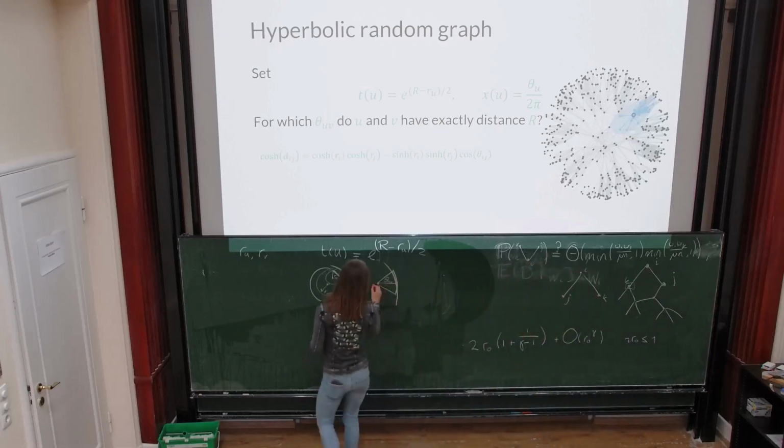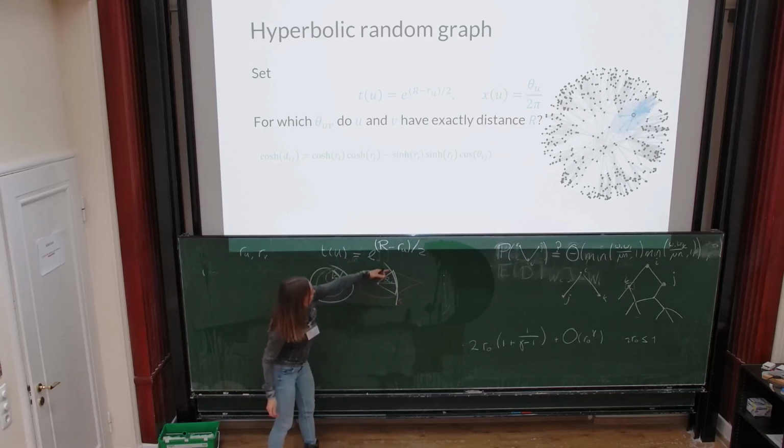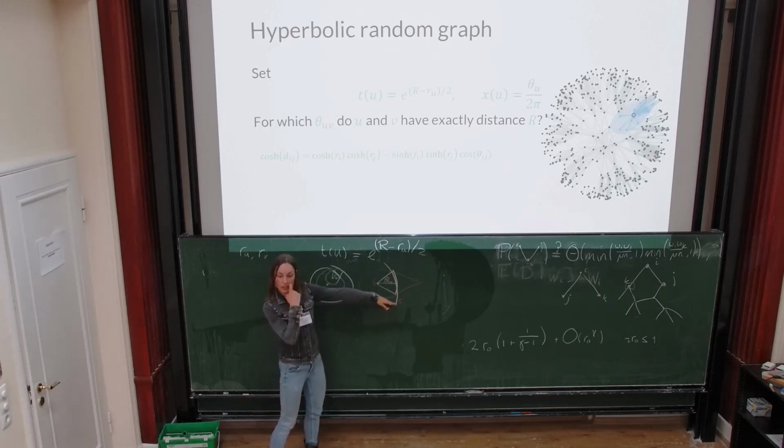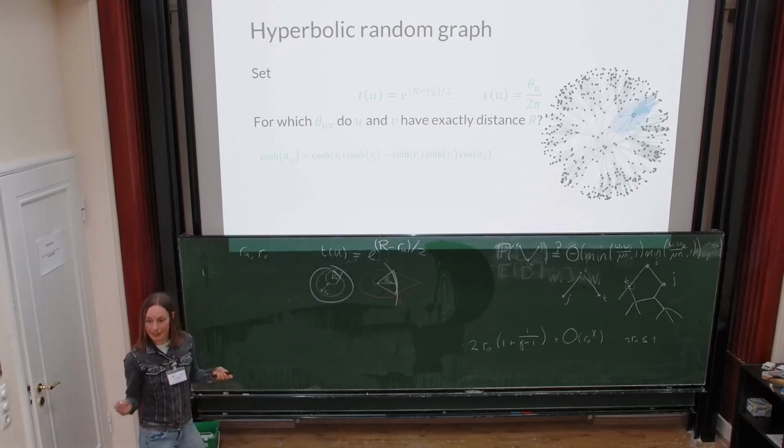Here we have the hyperbolic circle centered at a point with radius RU, and this is a circle with radius RV. And we want to know what is the angle between RU and the point with radius RV, in order for it to still be able to connect. Is that question clear?